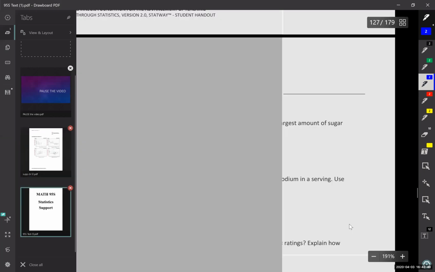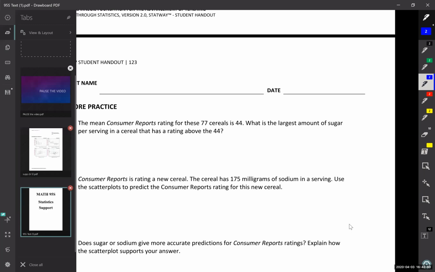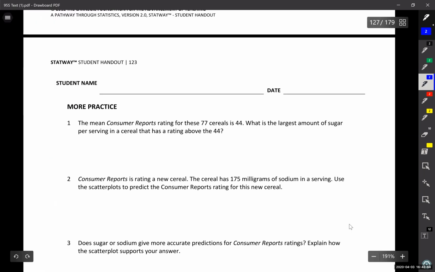Okay, so looking at page 123, we have the Consumer Reports rating. The mean Consumer Reports ratings for these 77 cereals is 44. What's the largest amount of sugar per serving in a cereal that has a rating above 44?